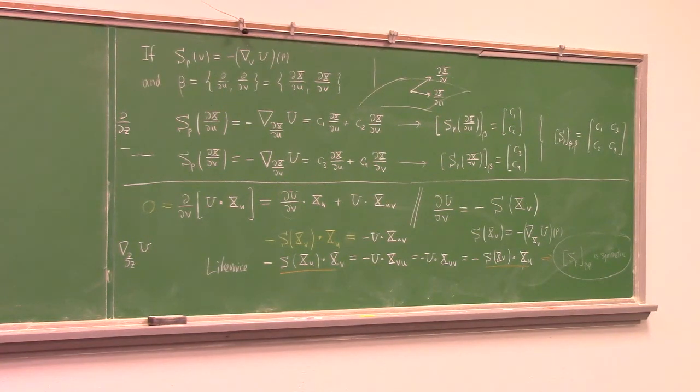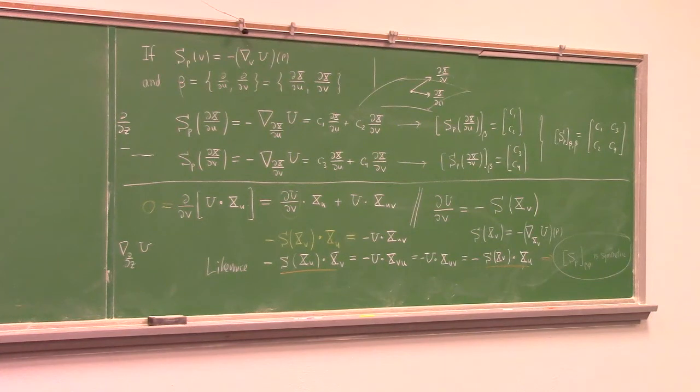Let me write it out. It's v on x over r, u1 plus v acting on y over r, u2 plus v acting on z over r, u3, right?